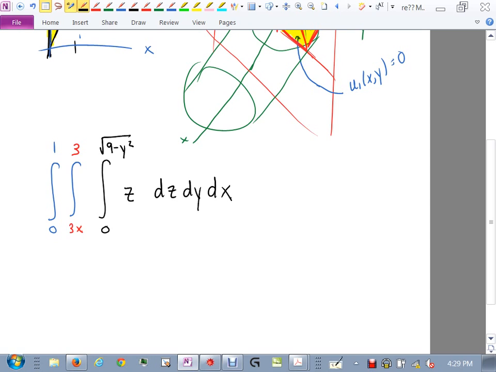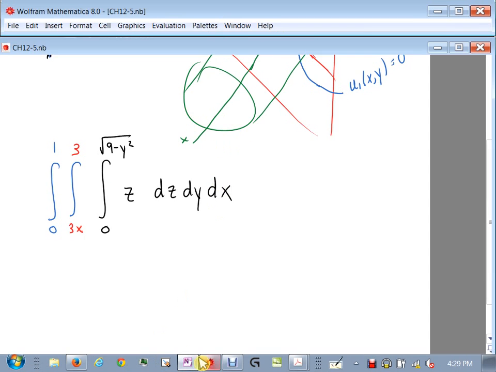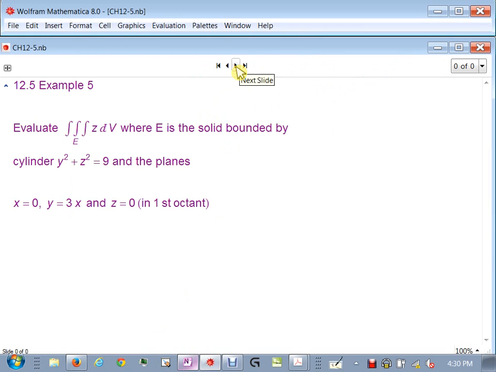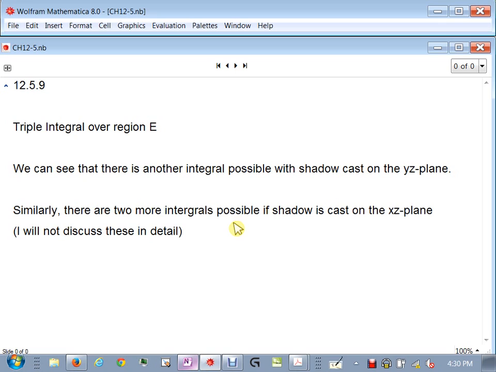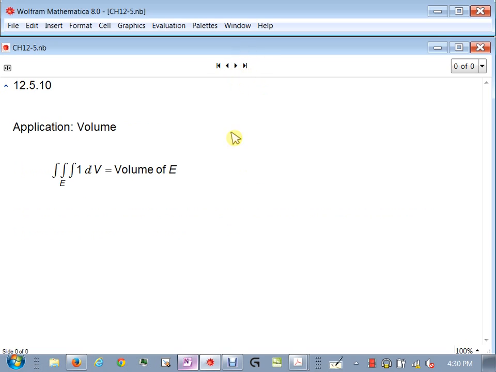And then you could go from there. We can see that there's another integral possible. We could have cast that shadow on a different plane, but since I'm not asking you to do that, don't worry about it.